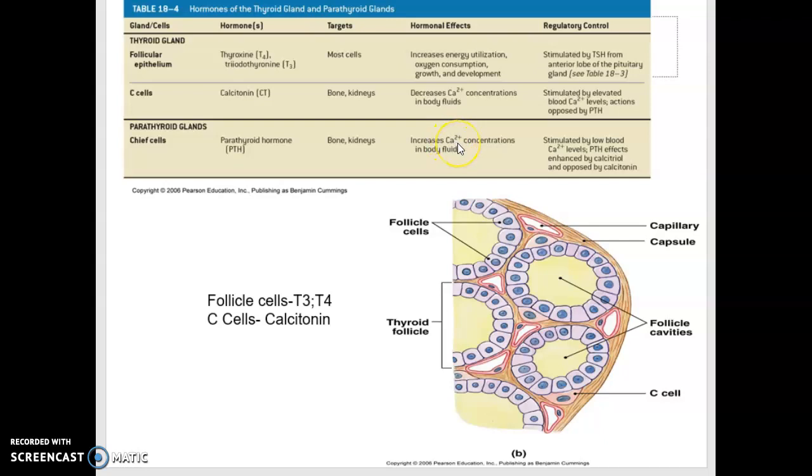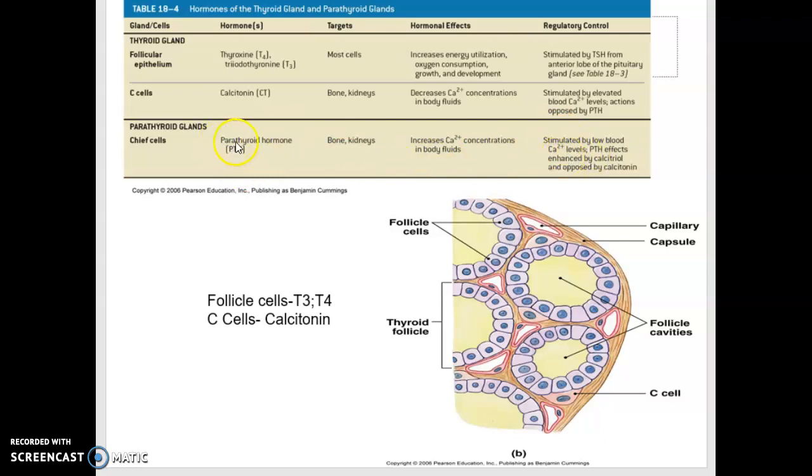So in this case, we've got too much calcium in the blood. In this case, we've got too little calcium in the blood. So parathyroid hormone is going to cause us to release more calcium, and the release of the parathyroid hormone is stimulated by low calcium levels.